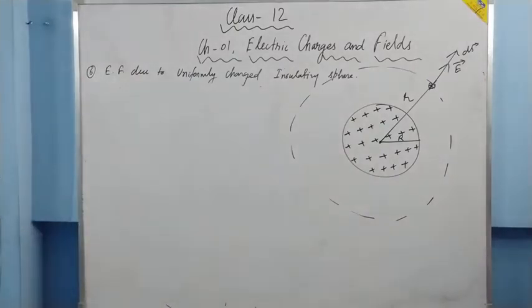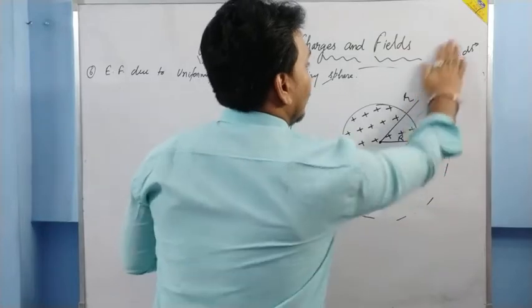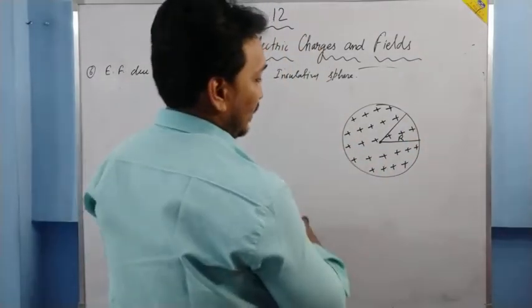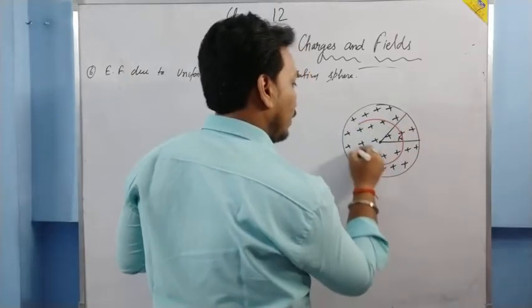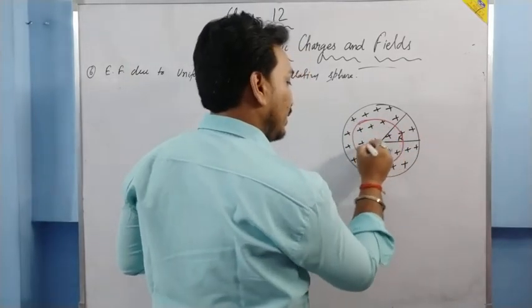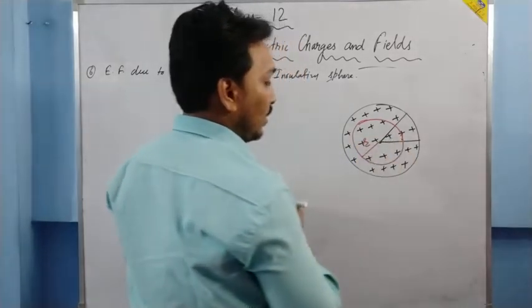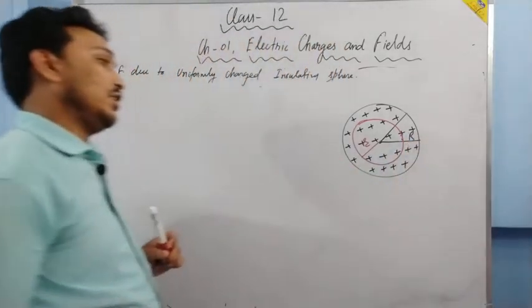So let us discuss for the case when we take a Gaussian surface inside the sphere, right? Somewhere here. Suppose this is the Gaussian surface which I have taken. Let this radius be smaller r. Capital R is the radius of the original sphere.